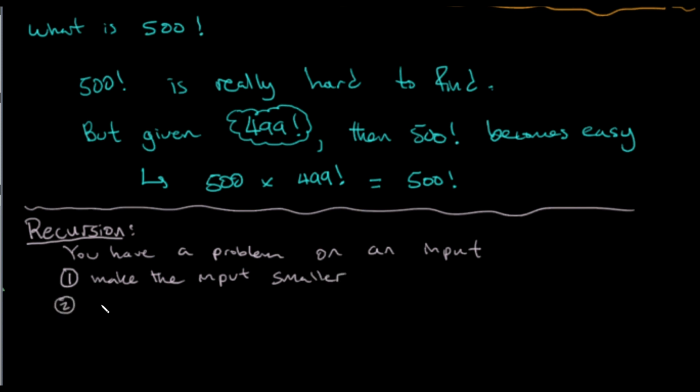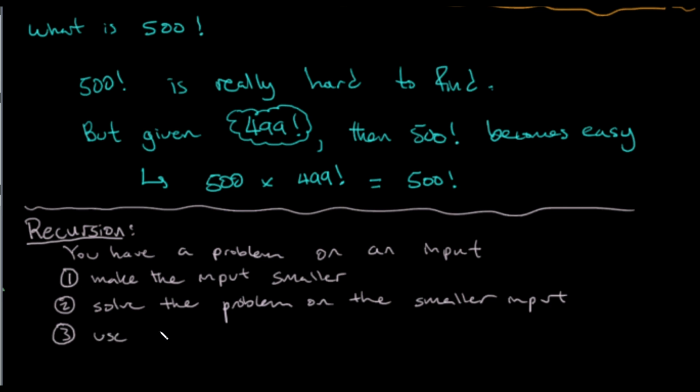And then our second step would be to solve the problem on the smaller input. And then our third step would be to use whatever we found here, the answer to this, to use that to solve the original problem.